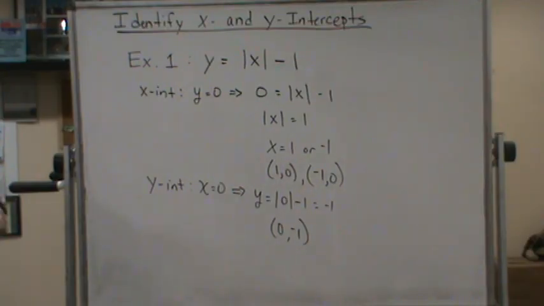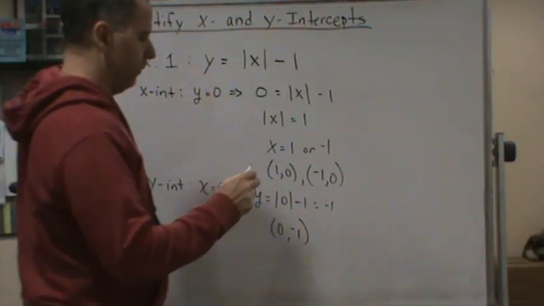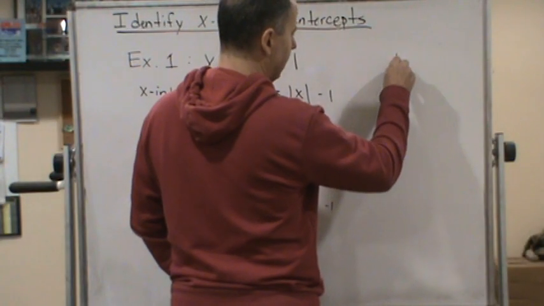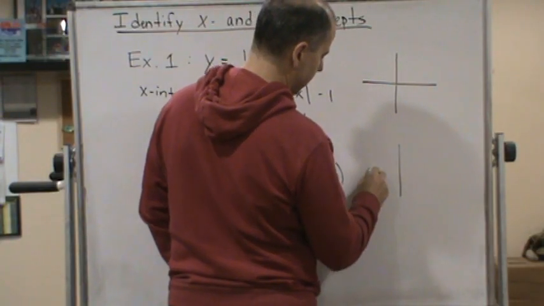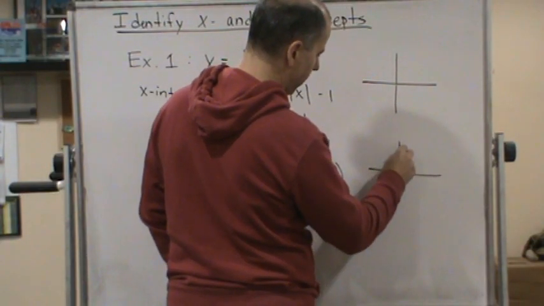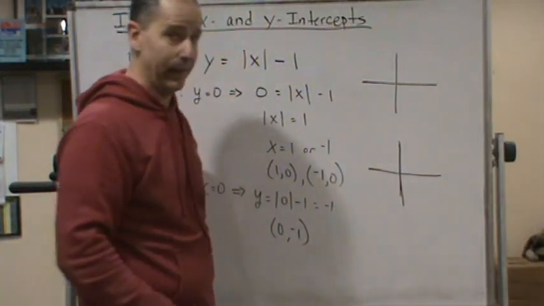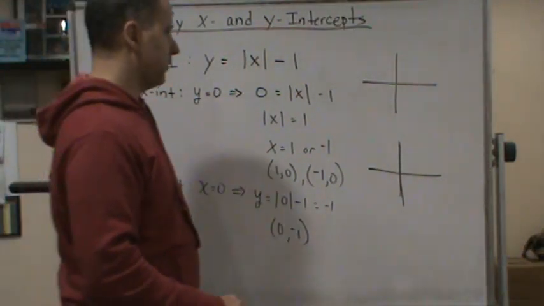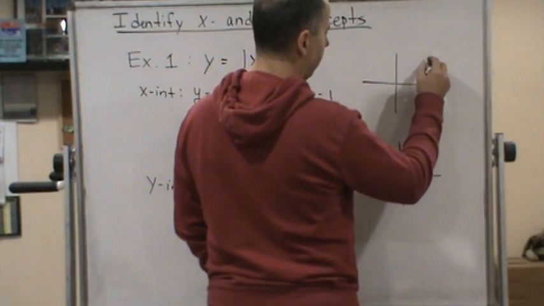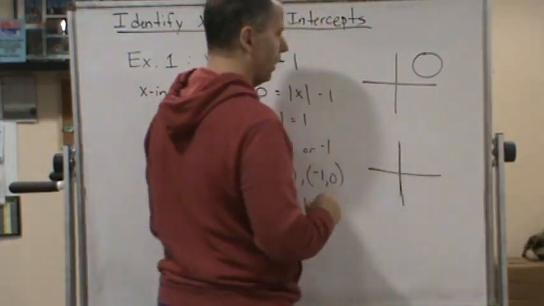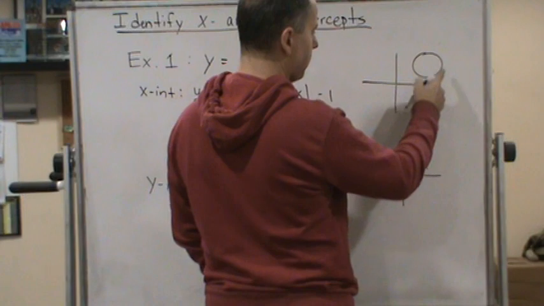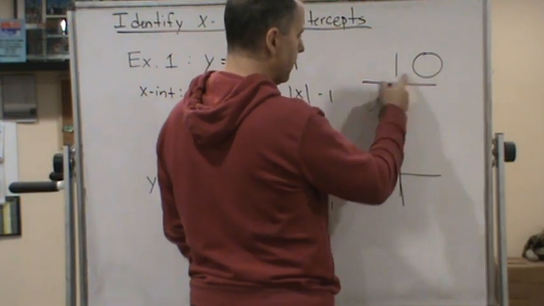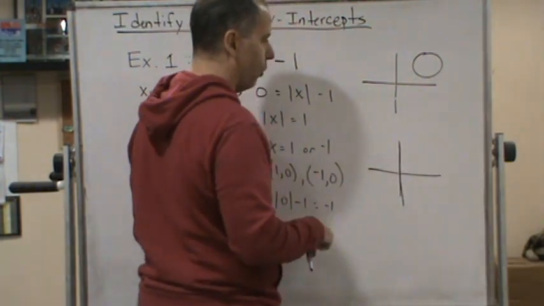All right. And then just to reiterate, there are going to be cases where you may not have one of the two intercepts. For example, if I have a circle out here, the graph of this circle does not intersect the x or the y axis.